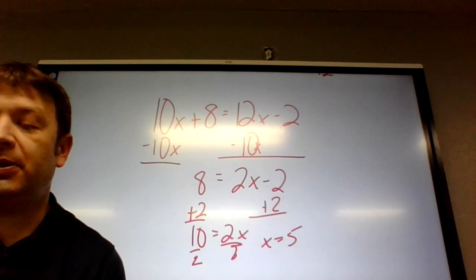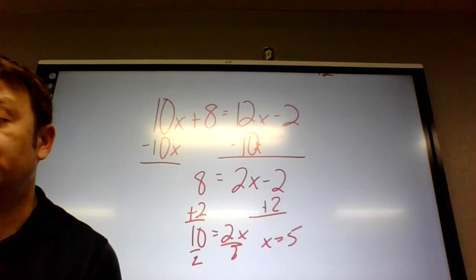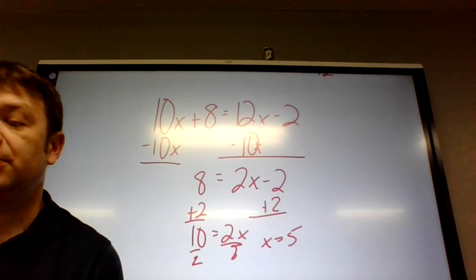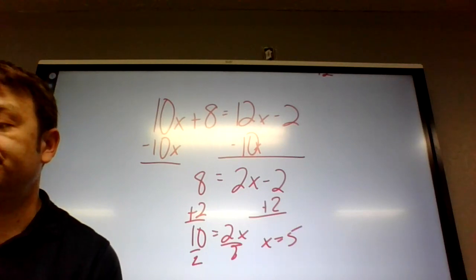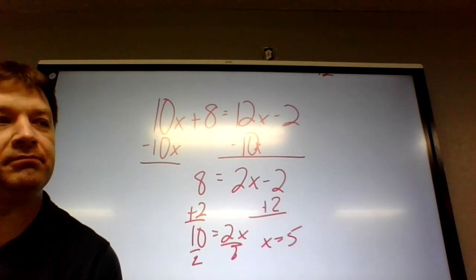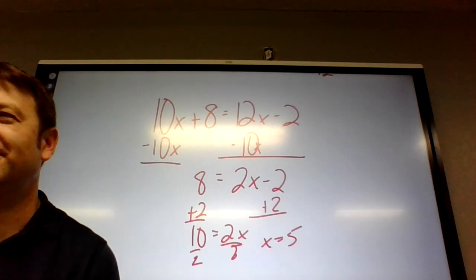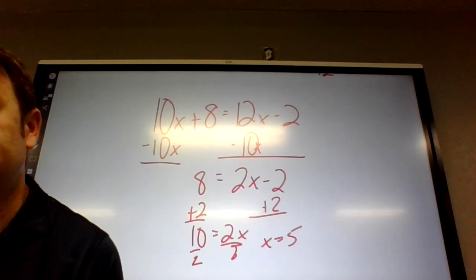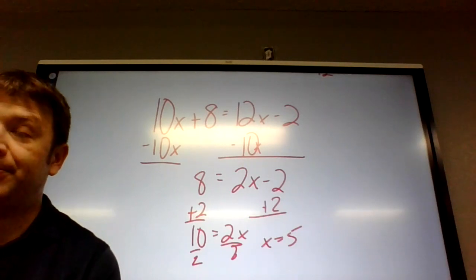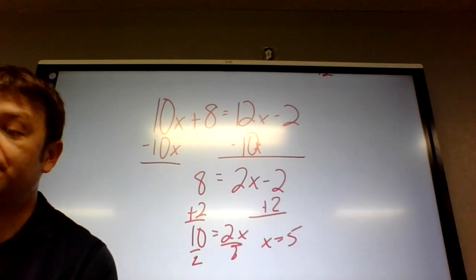So on 9, angle R should be equal to half of the arc. Or you could say, you could do angle R times 2 equals the arc.